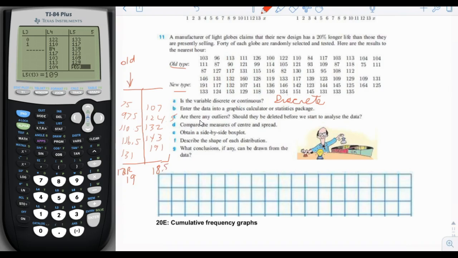So to find the limits of where the outliers start, we take the Q1 and subtract 1.5 times the IQR. In the old case, we would have 1.5 times 19, which is 28.5. So Q1 minus 28.5, and for the upper limit, we would use Q3 plus 28.5.